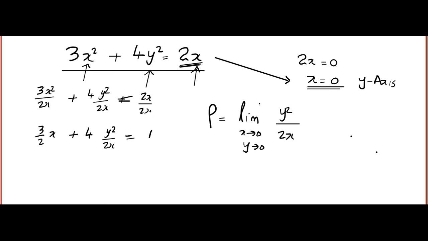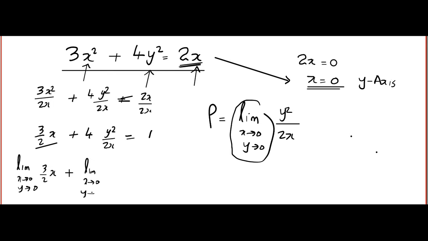Now we will take the limit. Limit x tends to 0, y tends to 0, 3 by 2x plus, I am going to take the limit term by term on both sides. Limit x tends to 0, y tends to 0, 4 into y square by 2x is equal to limit x tends to 0, y tends to 0, 1.